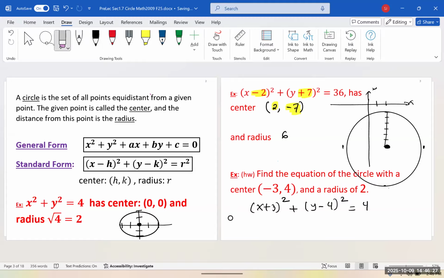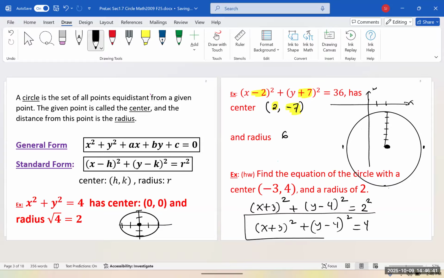Perfect. If you have no idea what the 4 is, you can start with 2 squared. And then you get x plus 3 squared, y minus 4 squared equals 4. Easy, right? Any questions?